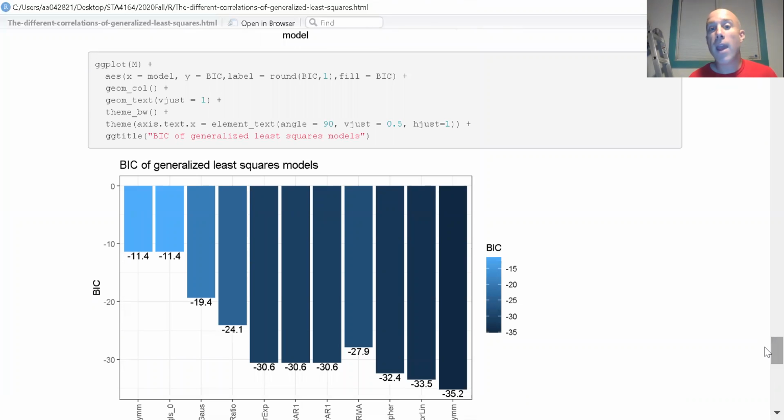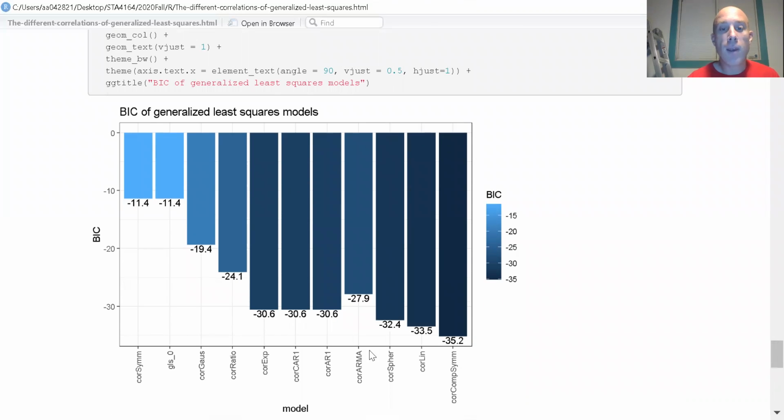Remember, more negative is better when we talk about Bayesian information criterion. So something that's interesting, remember, I've got everything ordered by log likelihood. So it matches pretty well with the Bayesian information criterion, but I can see that things actually get worse when I go from autoregression 1 to autoregression moving average. So here, this is autoregression 1.